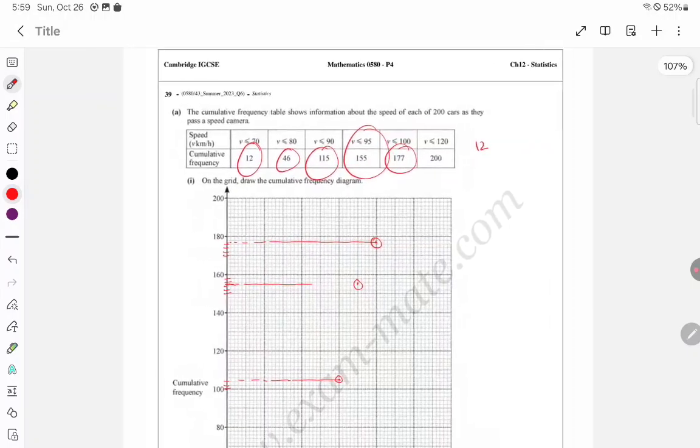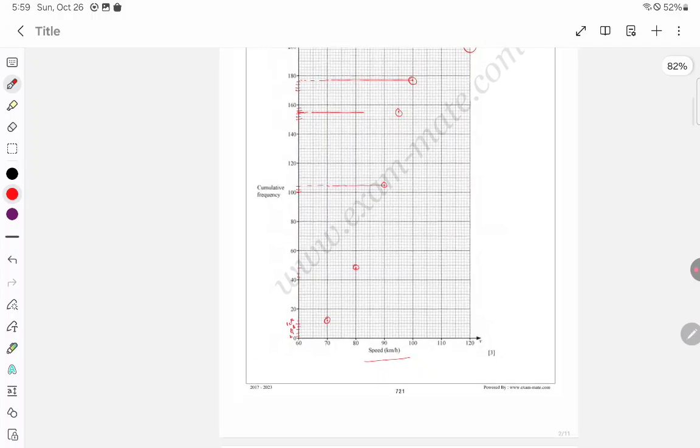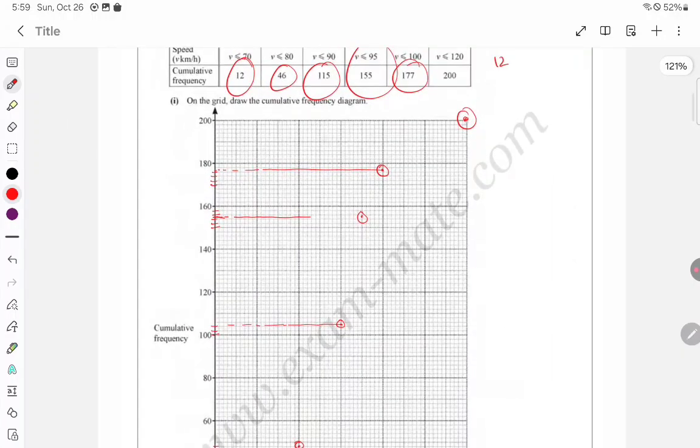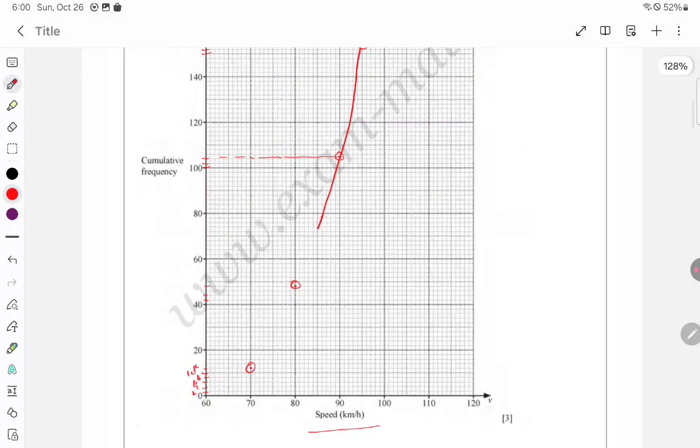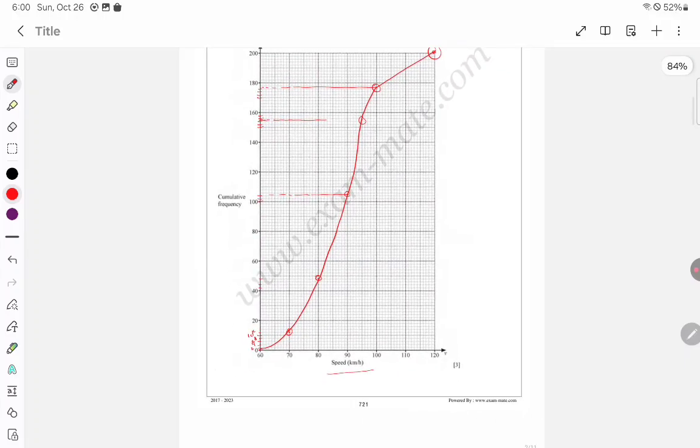Now at 200, 150, 120. This is from the graph. So we form our graph.